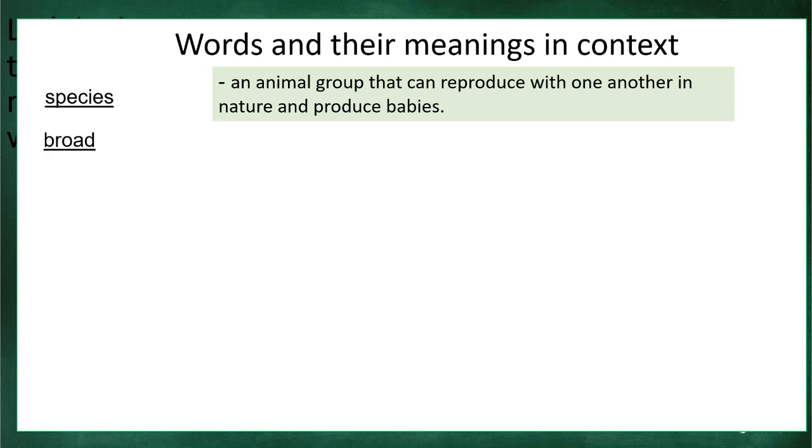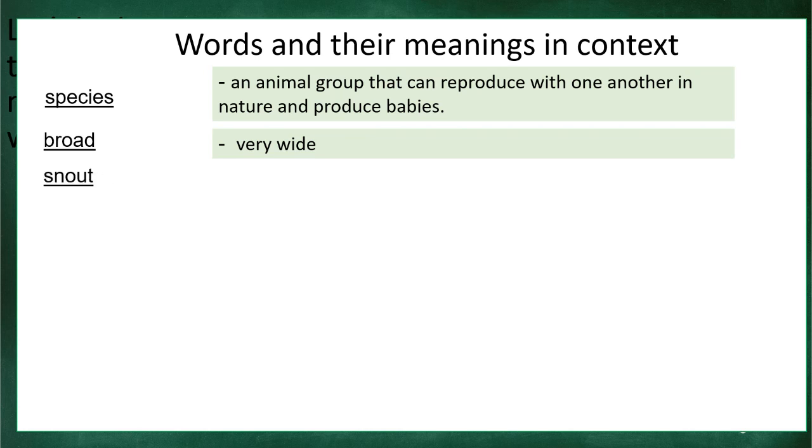The rhino's got a very broad back. What does that mean, a broad back? It's very wide. In fact, a rhino is the second biggest land animal in South Africa, the first being the elephant.